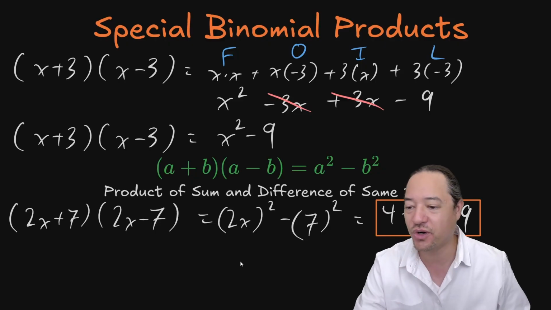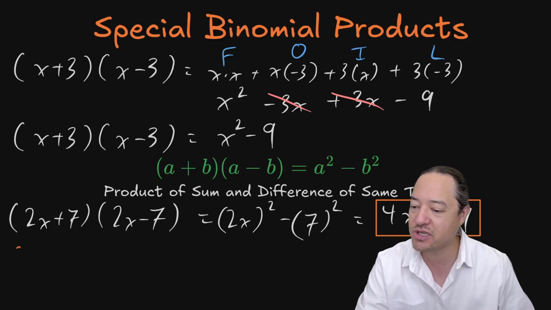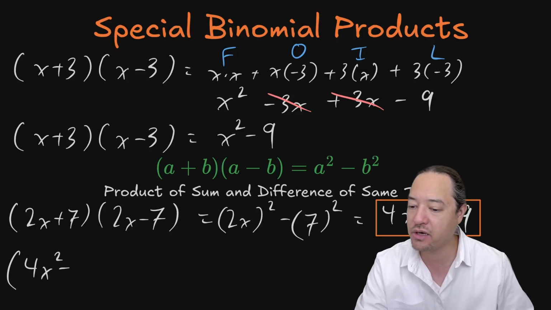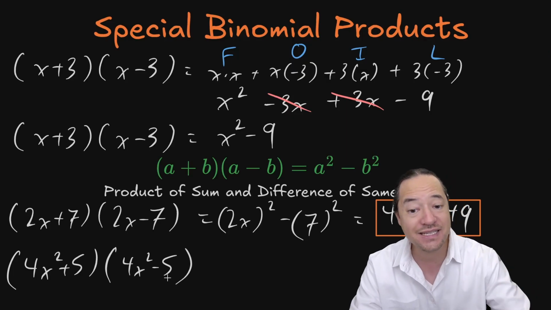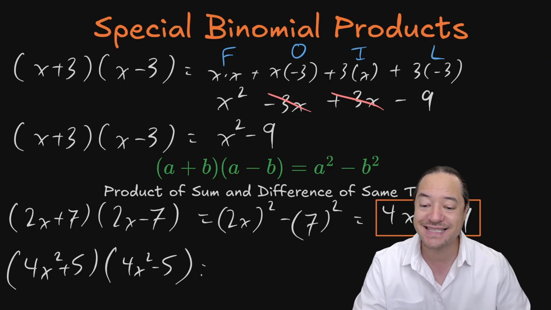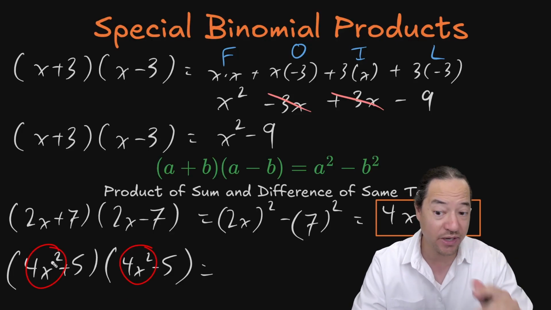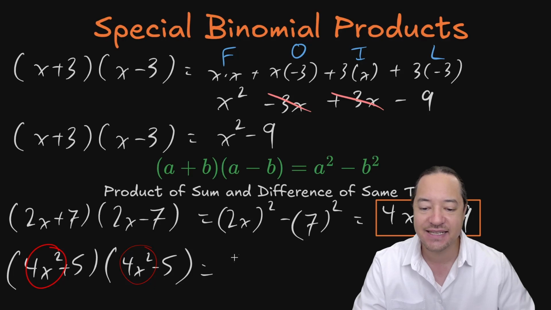Let's try one more. Let's do something a little bit more interesting. What if we have 4x squared plus 5, and then we multiply this by 4x squared minus 5? Once again, we're going to follow the same exact pattern. So this is our a. We have to square that, so we're going to get 16x to the 4th power.